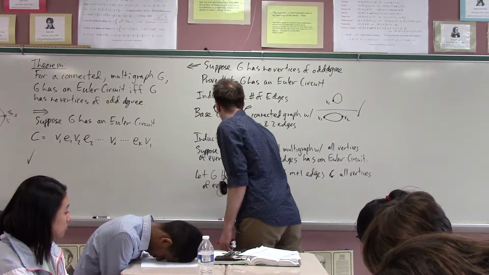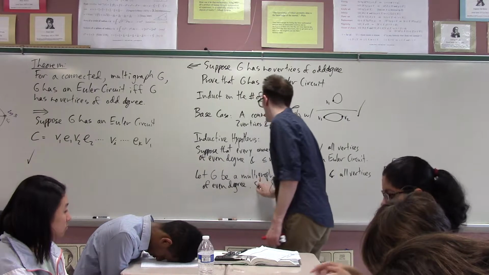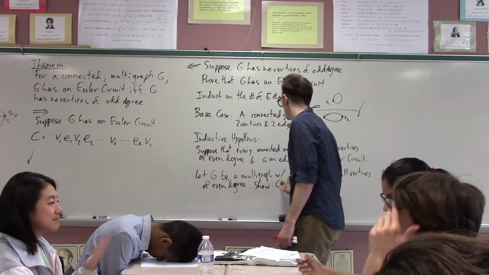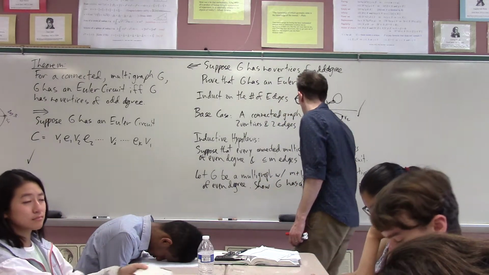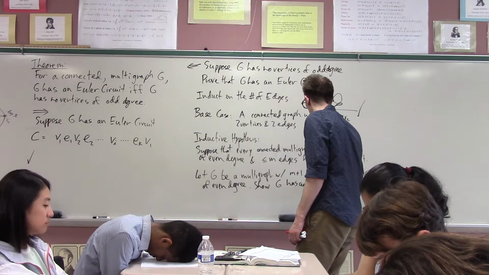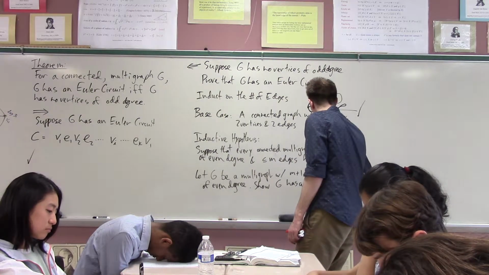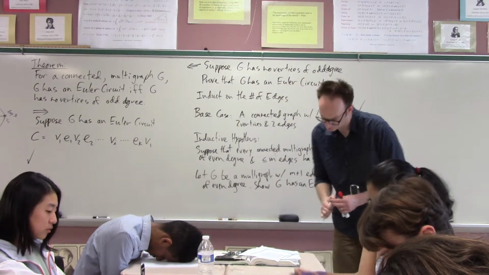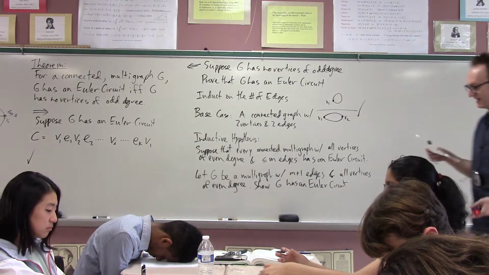And what we want to do is to show that G has an Euler circuit. Cool? Okay, here's what you do. It's beautiful.